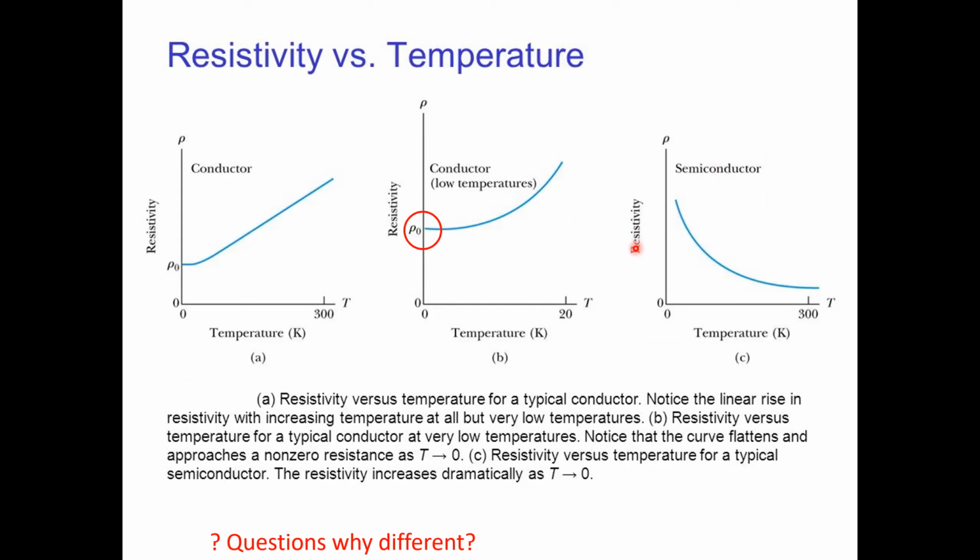Okay, this graph, actually I already explained in the first slide, but I will emphasize right here again. Remember here, rho 0. This is due to impurity in the metals, okay, that causes some resistivity that is not 0. But if you zoom in here, this is almost flat, okay.